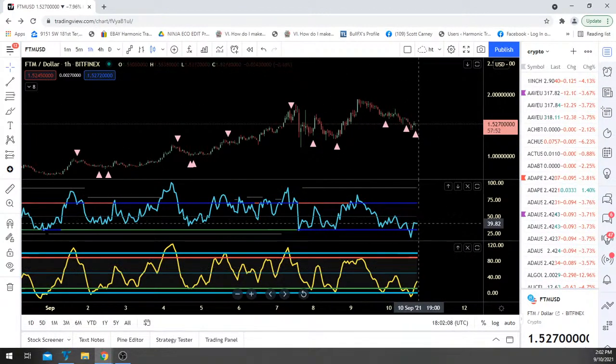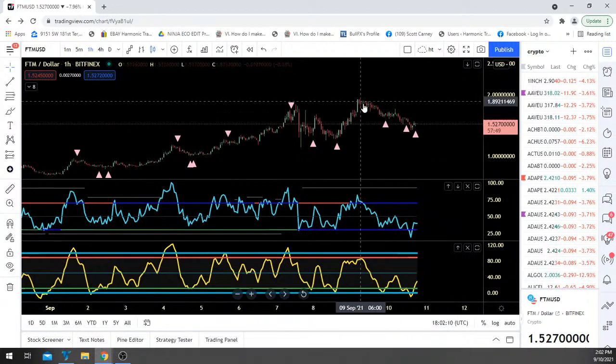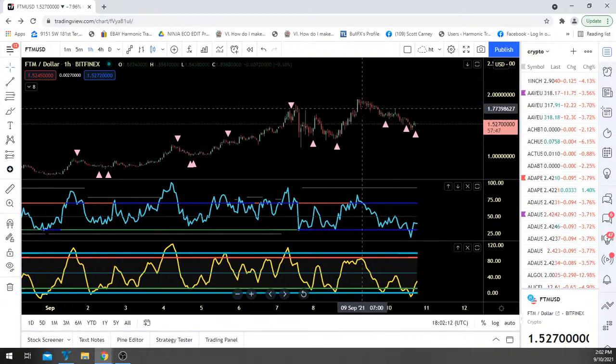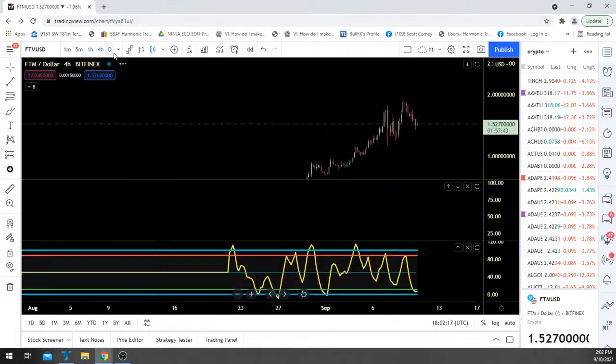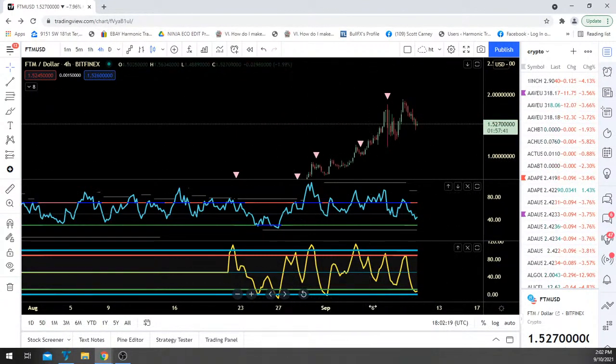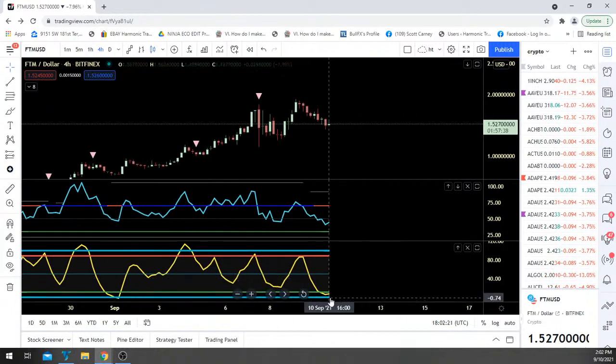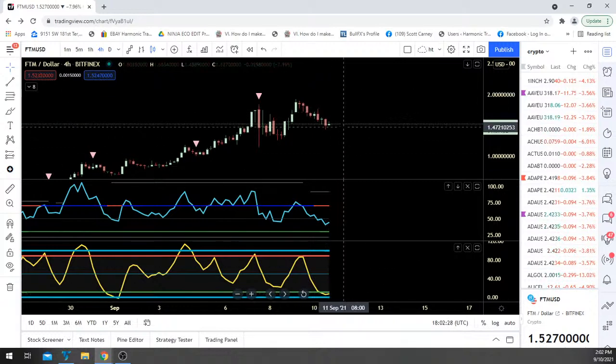You are oversold, so at least you're not chasing it up close to $2. You could start looking, but you've got to see this come down a little bit more. Here on your 4-hour, look at that. HSI is oversold, so you're getting close, somewhere in the lower 150s, maybe under 150.